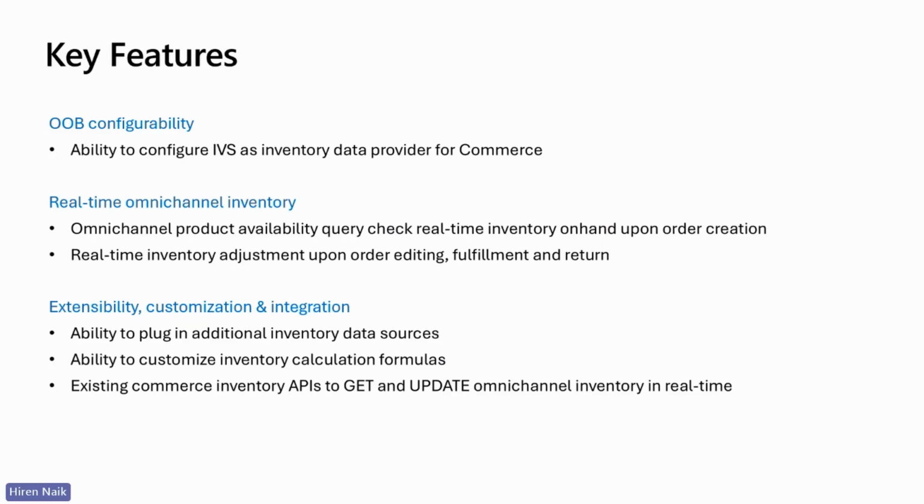So there are APIs available. There are ways to configure the data sources. There are ways to configure the physical measures and calculated measures to arrive at the right inventory. Yufei will discuss later in the presentation in detail how you can create different data sources and different measures to cater to your business requirements.